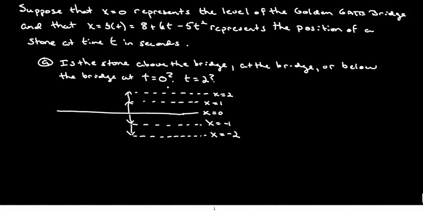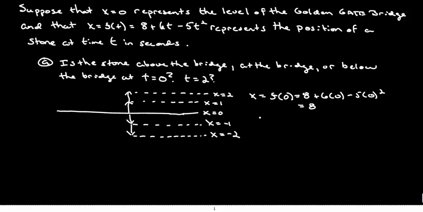Now the question is, at t equals 0, what is our x value? So x, which is equal to f at the time value, so f at 0, is equal to 8 plus 6 times 0 minus 5 times 0 squared. So these back two terms drop out, and we get 8.